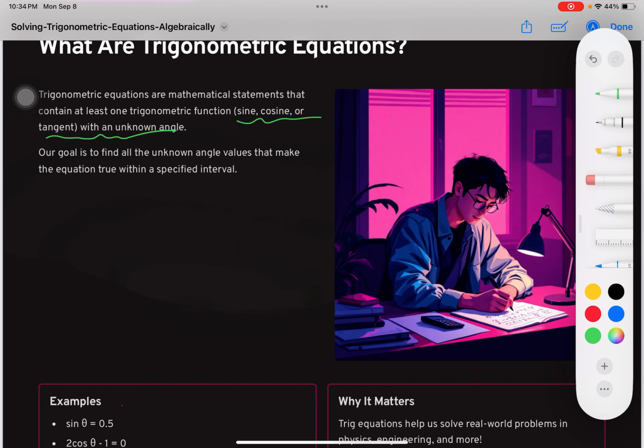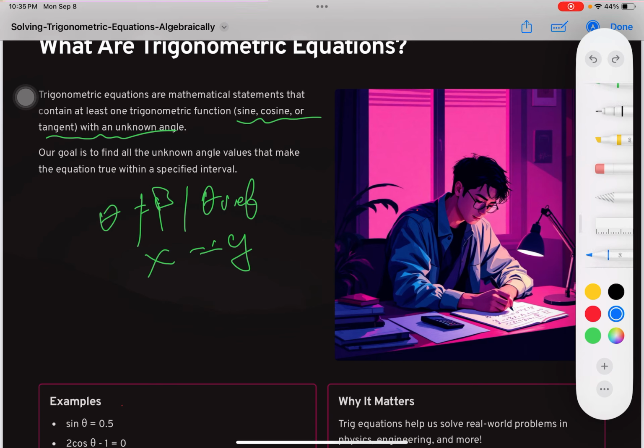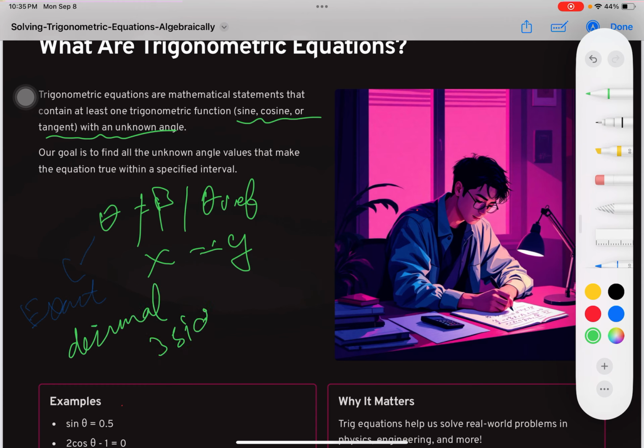Our usual goal is to find the exact angle sometimes, and sometimes we want it in decimal form, depending on what course you are taking.